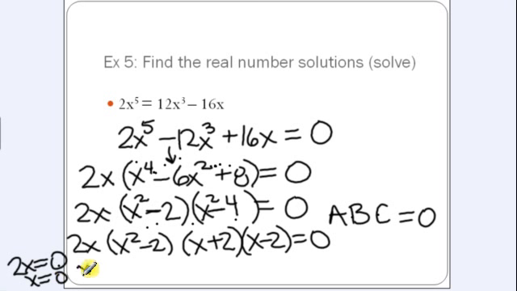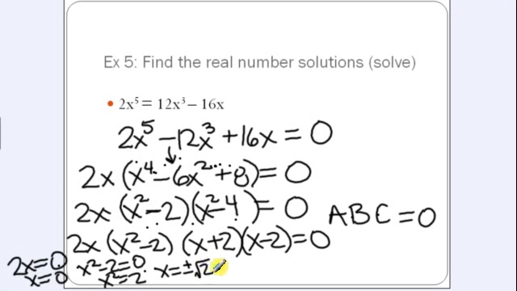Next factor, x squared minus 2 could equal 0. To solve this for x, let's see, we can add 2 to both sides. So I have x squared equals 2. Then taking the square root, I would have x equals positive negative square root of 2.